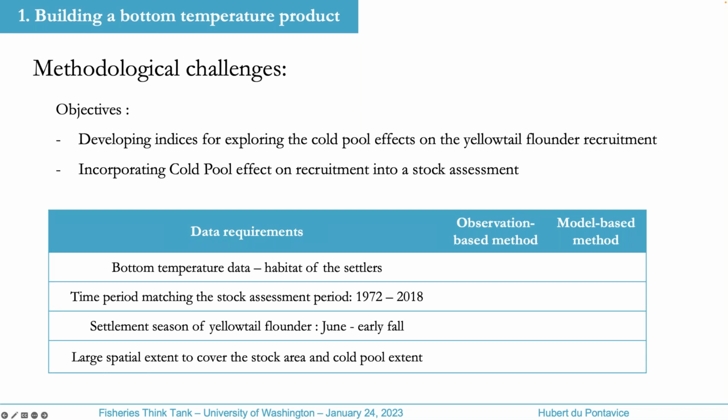We needed data over the period 1972 to 2018 to match the stock assessment period. We needed bottom temperature during the entire settlement season, so between June and early fall. And the last requirement is about the spatial extent, since environmental data were required to cover the stock area and the cold pool extent.